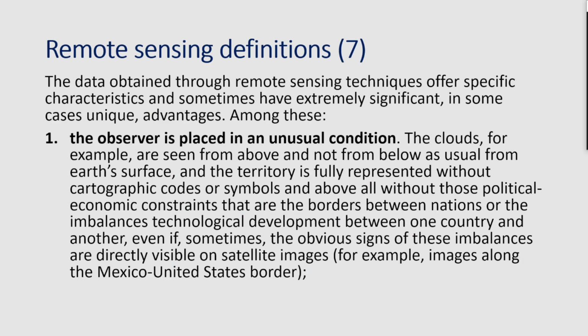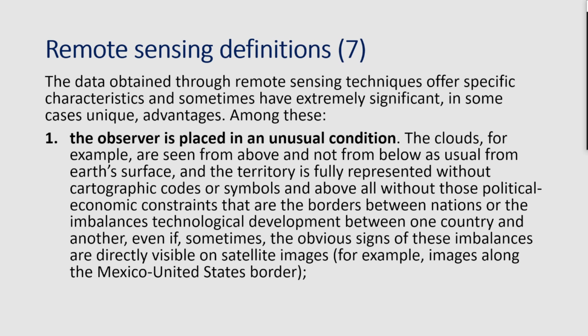Remote sensing definitions, 7. The data obtained through remote sensing techniques offer specific characteristics and sometimes have extremely significant, in some cases unique, advantages. Among these: 1. The observer is placed in an unusual condition.